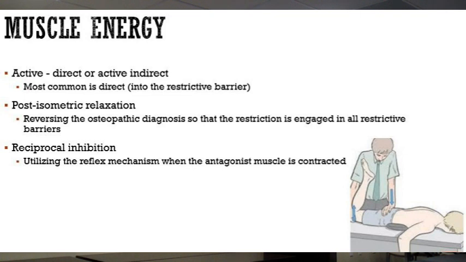For body parts that have multiple planes of motion, the idea behind muscle energy is that you would take that body part into all three planes. More likely than not, this is done as an active technique. Or sorry, it's always done as a direct technique. It's rarely done as an indirect technique.